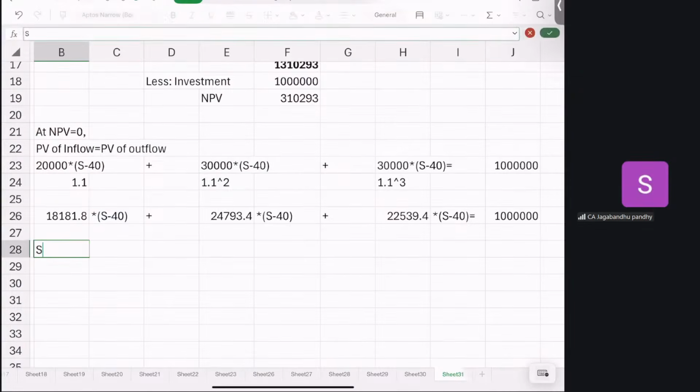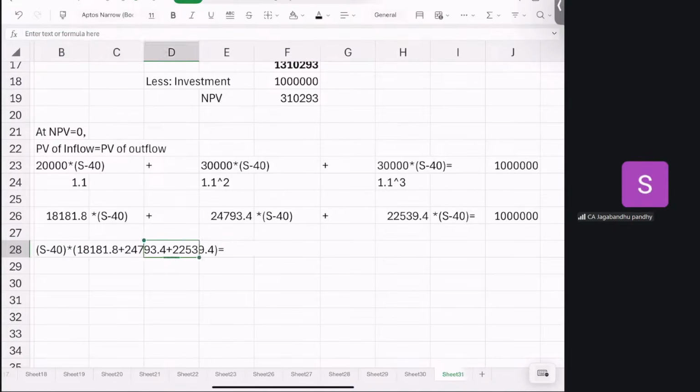From this, we can take S minus 40 common. Say it is 18,181.8 plus 24,793.4 plus 22,539.4.